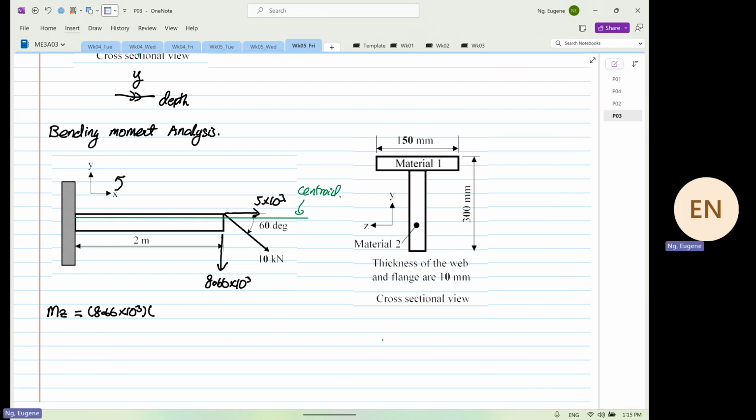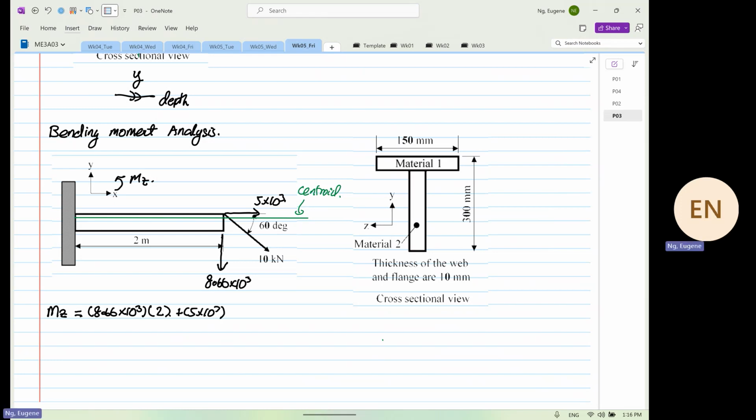So Z is in this direction. Multiplied by what? 2. Is there any other moments? Yes. Five times 10 to the power 3.